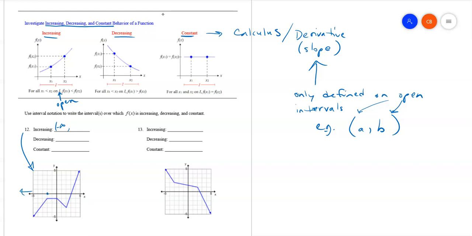But whether we should include -2 or not, you know, if we want to say that it's increasing actually at the point of -2, then we would include the point -2, but that's what I want to talk about. What if we do it this one? We say it's increasing like this. What that means is that we should say it's increasing at the point -2, but then the way that we should know that it's increasing there is that if we look at a point after -2, the point that's after -2 should be higher.